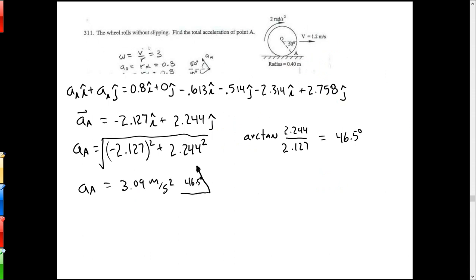So if you want the magnitude, you take the square root of the sum of the squares, and if you want the angle, you just do an arctan. I didn't put the sign in the arctan there, but it's 46.5 degrees with a negative x and a positive y, so that's up and left is what that is. So we good with that?